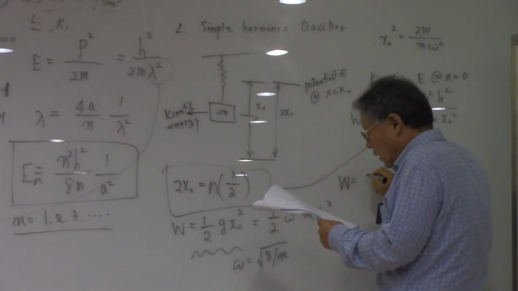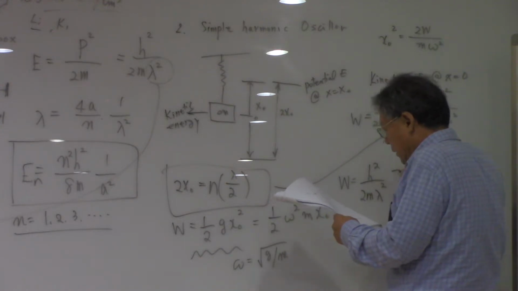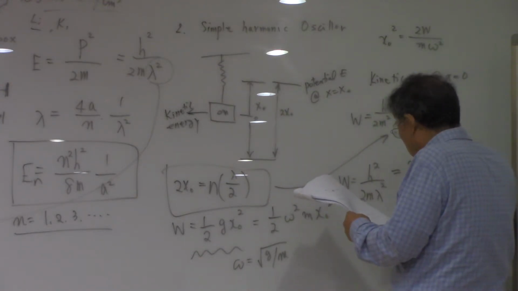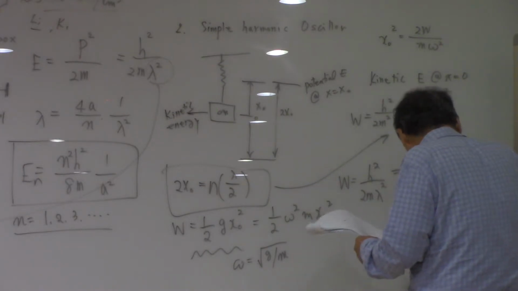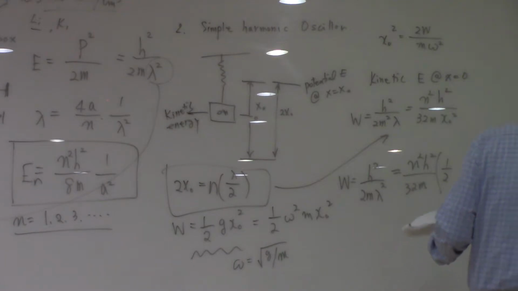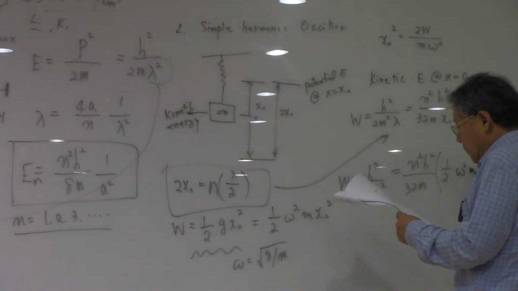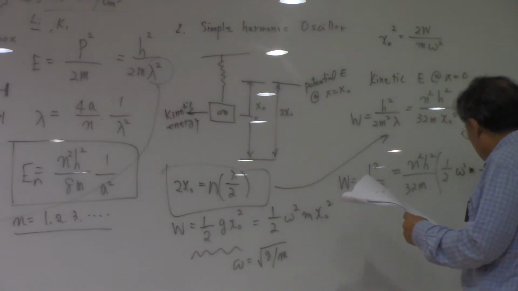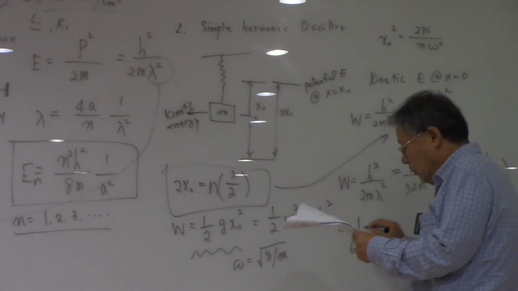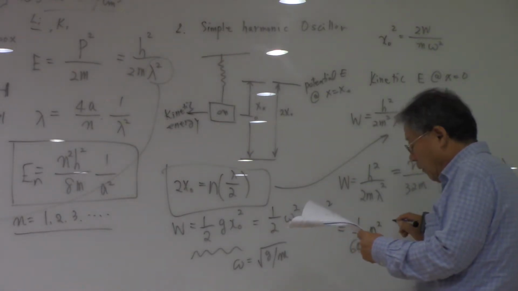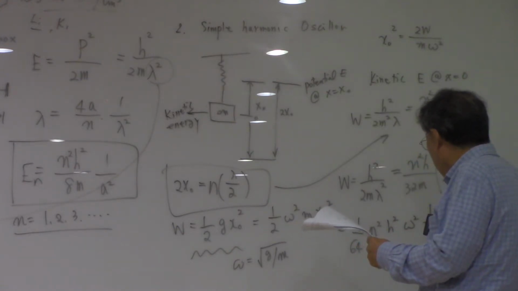Then the energy now becomes h square over 2m lambda square, and then n square h square over 32m, 1/2 omega square m energy, and then that is going to be arranged like 1/64 h square omega square 1/W.